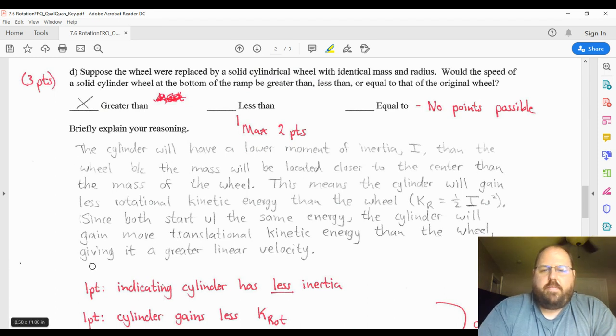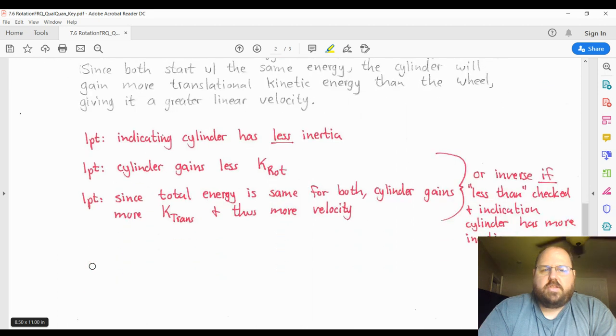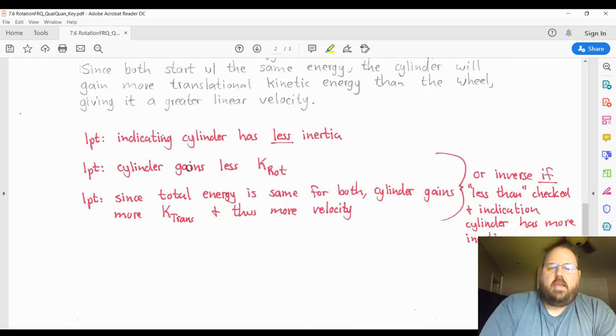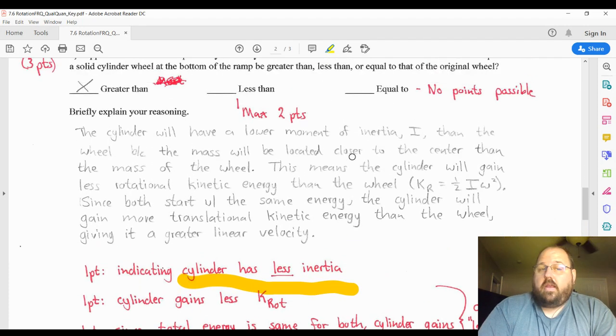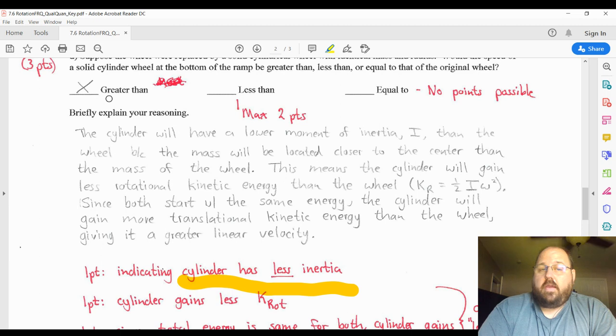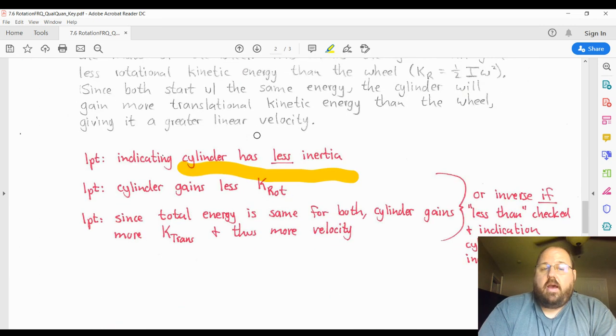Mine wasn't real brief, but here's the things you need to have. First of all, you indicate that the cylinder has less inertia than the wheel. You're really only going to get that point if you checked greater than up here. So if you checked less than or equal to, you're not going to get that point in all likelihood.